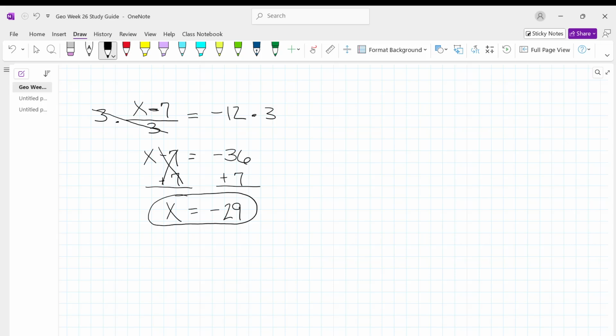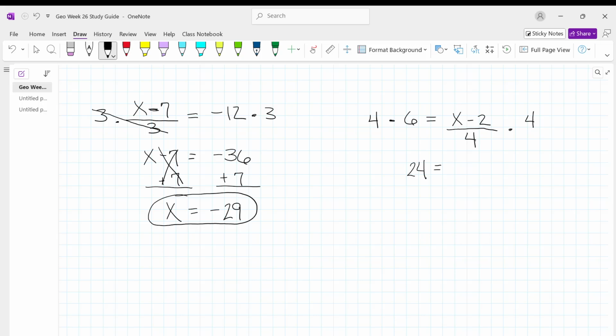And let's take a look at one more. Let's look at 6 is equal to x minus 2 over 4. So our first step in solving this equation is going to be to multiply by 4. On the left-hand side, our 4 times 6 is 24.